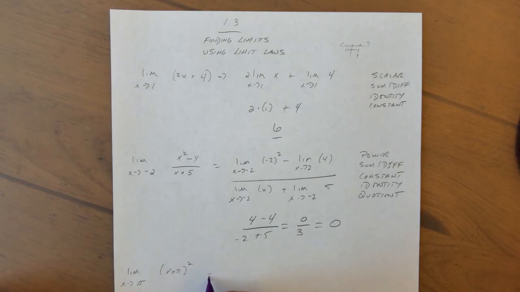And our last example here, again we have power. So we're going to rewrite this as the limit as x approaches pi of x plus pi, and that quantity squared. And now inside we have our sum difference.